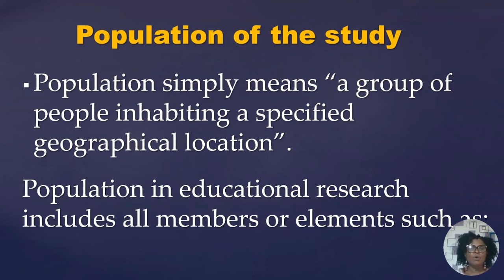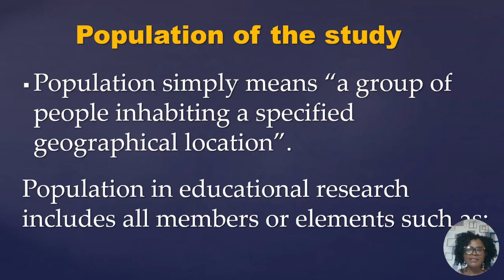So students always find it difficult to define their population. So we're going to simplify it here for students to really understand what they mean by population of the study and how to present it. Population simply means a group of people inhabiting a specified geographical location. That is the general meaning of a population.